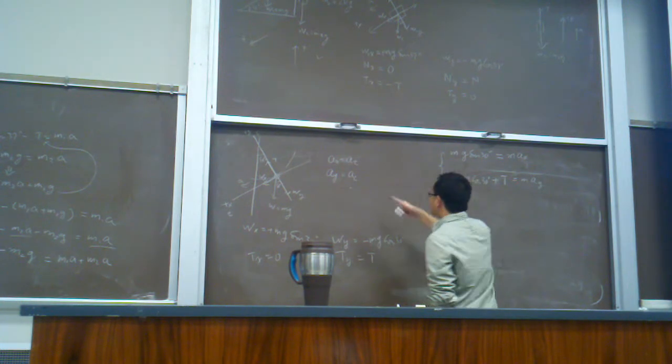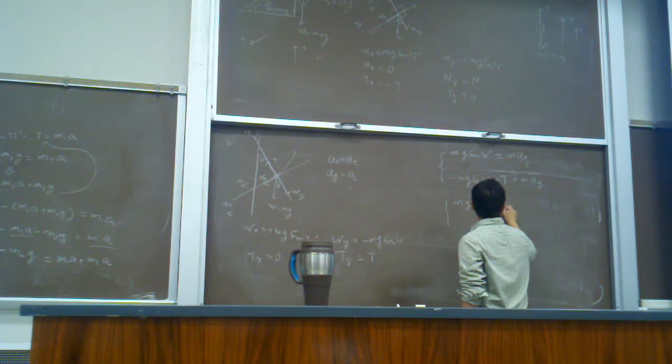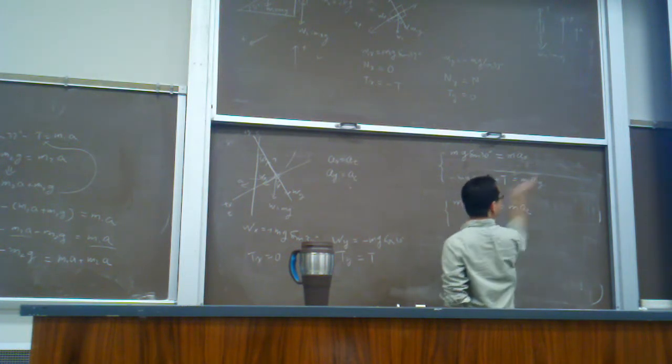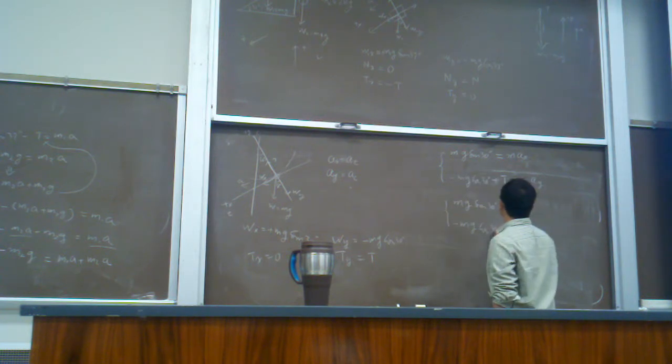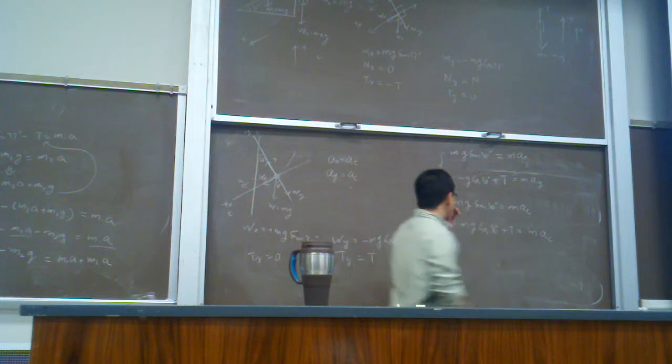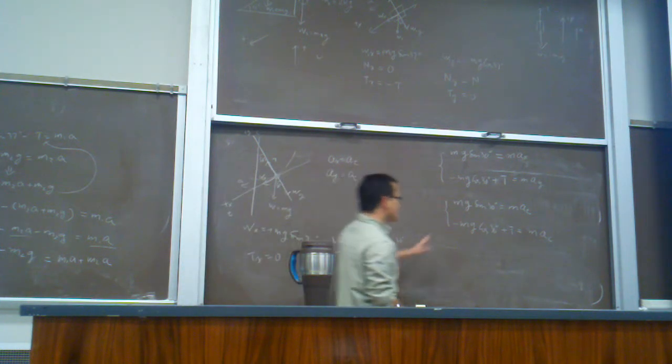Okay, so if we put this information in, we get mg sine 30 equals m a_t, which is the second question there. Negative mg cosine 30 plus T equals m a_c.